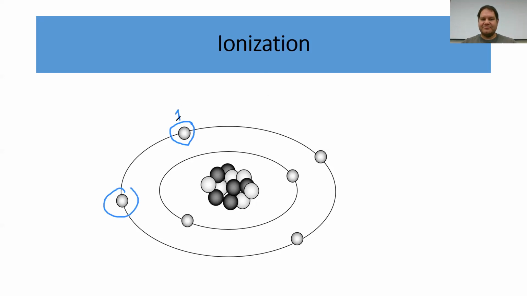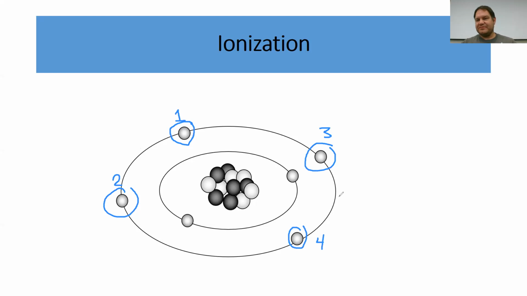So this one might be the first one, let's say, and it goes through a first ionization, and then second ionization. Let's say this is our third ionization, and then our fourth ionization. So we always remove electrons from the valence shell first, and that's critical to understand. So make sure you're good with that.